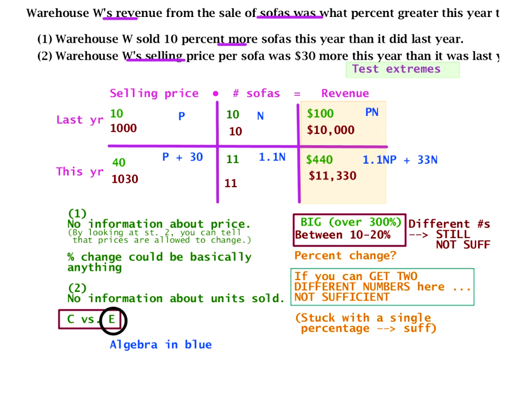What you'd be looking for is the percent increase, which is new minus old over old. If you subtract the PNs, then you have 1.1 PN plus 33N minus PN over PN. Those cancel out except for 0.1 PN.